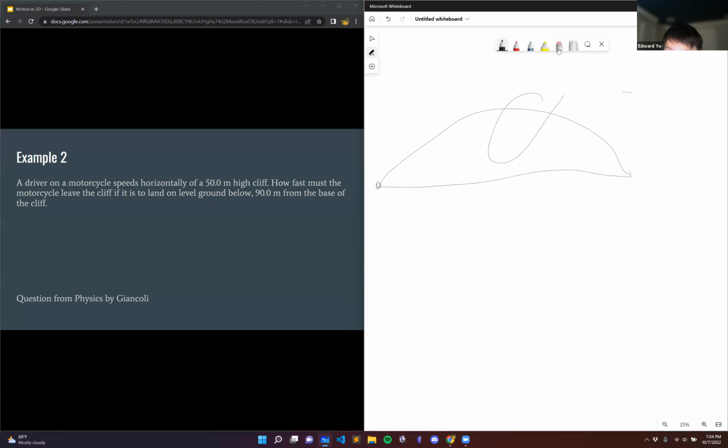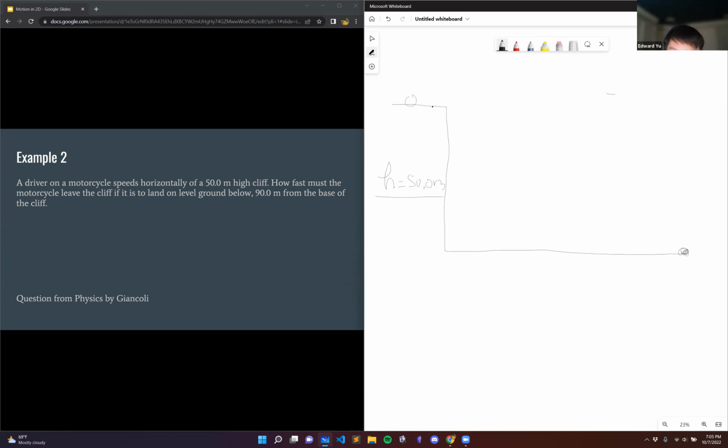Sometimes it might be on a cliff like this, and then it lands on some point here. So it tells us that the cliff is 50 meters high. So height is equal to 50 meters. It's 50 meters, not 500.